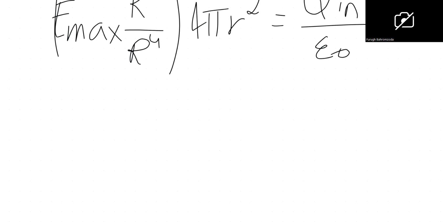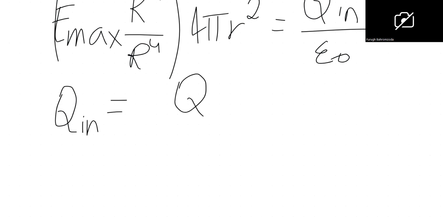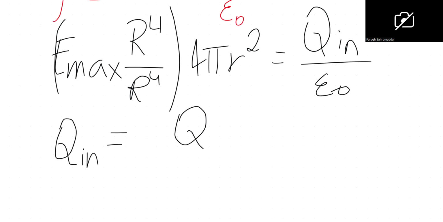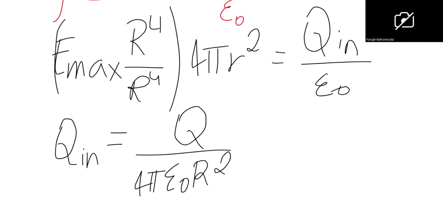And now we need to find Q enclosed. We will make Q enclosed the subject. It will be, as we have here, Q over 4 pi epsilon 0 R square multiplied by epsilon 0 multiplied by r to the power of 4 over R big to the power of 4 multiplied by 4 pi r square.